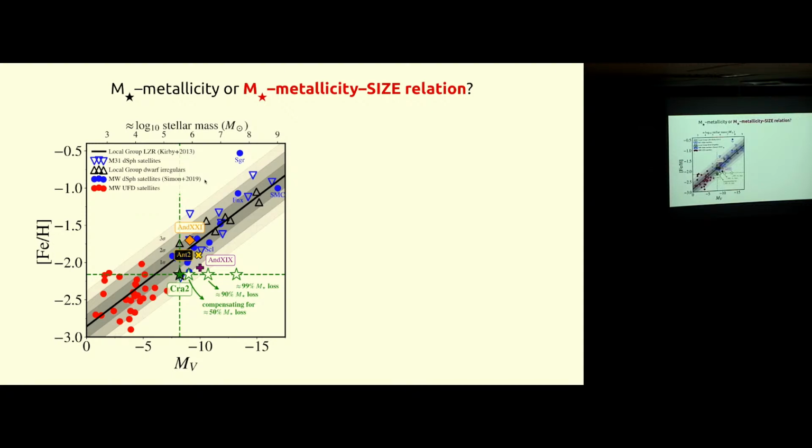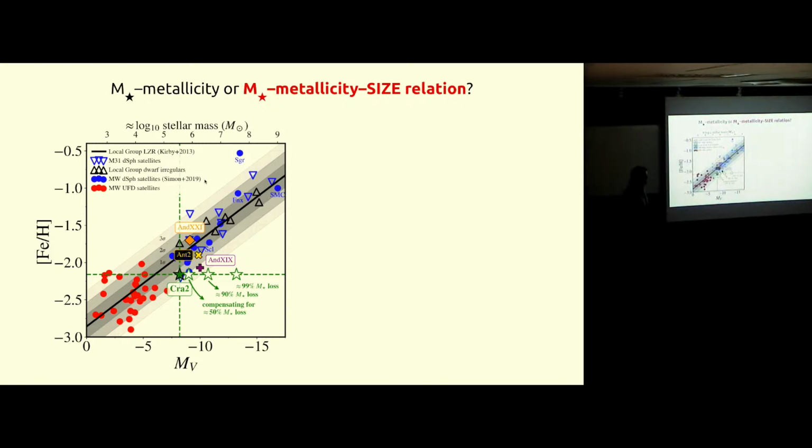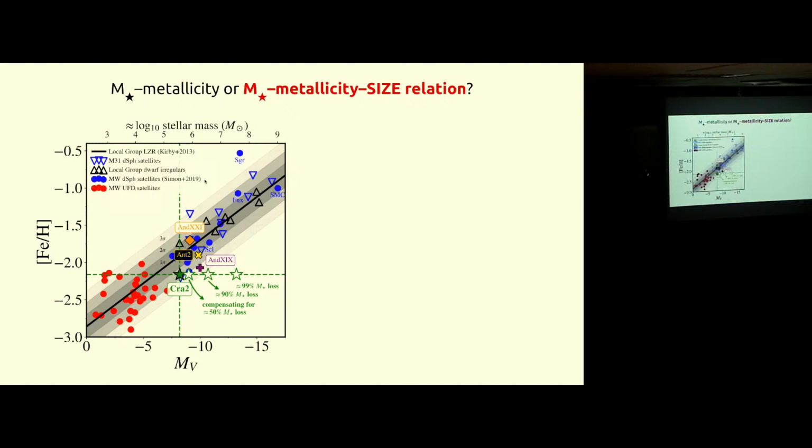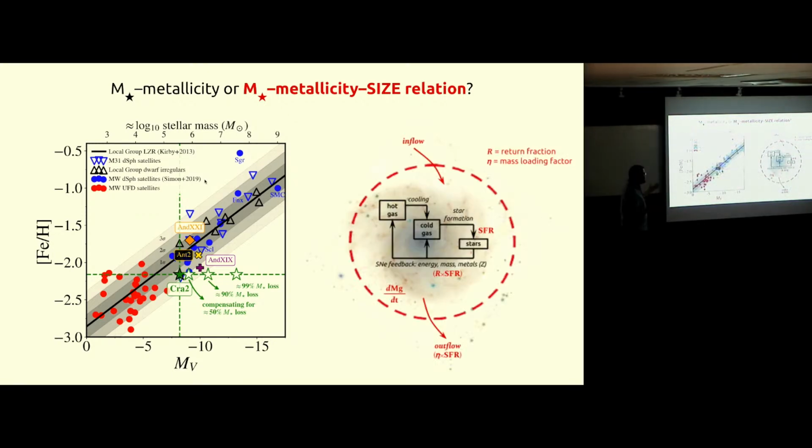So this is now me speculating. This paper is not submitted yet, not published. This is me speculating. What really controls this mass metallicity relation is really just regular baryon cycling within a galaxy.